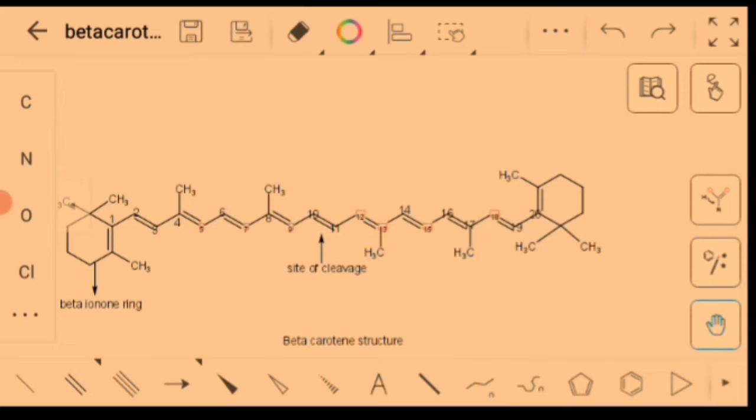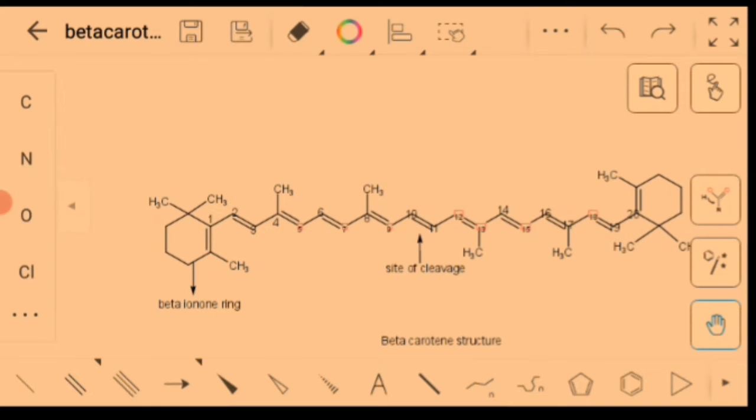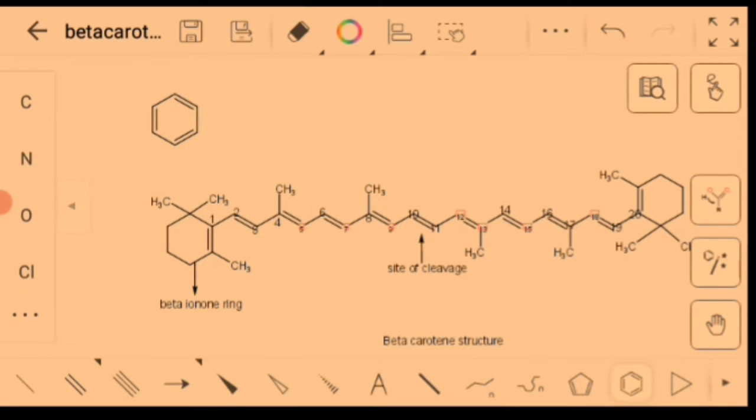So when you want to draw this structure, all you have to put in mind is, I have to know what my beta ionone ring looks like. It is actually similar to a benzene ring. All you have to do is draw a benzene ring first. You probably learned that in your chemistry.